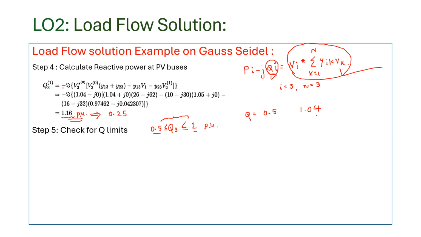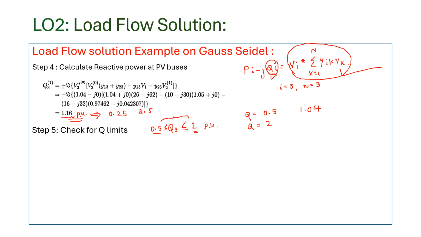Another case: suppose the value of Q calculated comes out to be something like 2.5, which is greater than the maximum limit of 2. In that case, we have to fix the reactive power at that bus as 2 per unit, treat this bus as a PQ bus, and proceed by calculating the voltages.